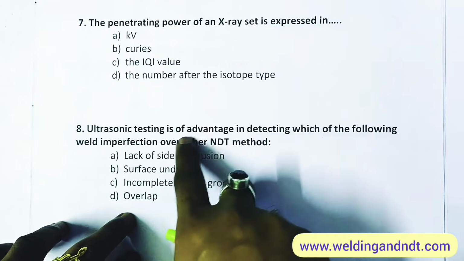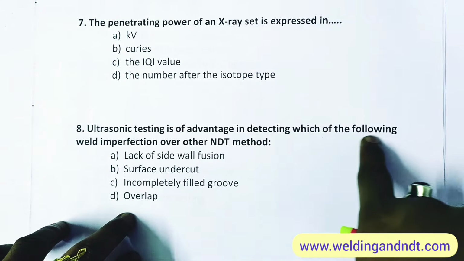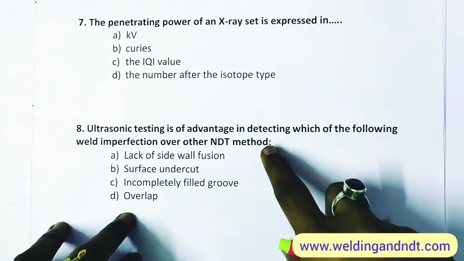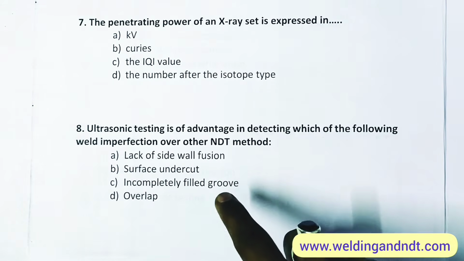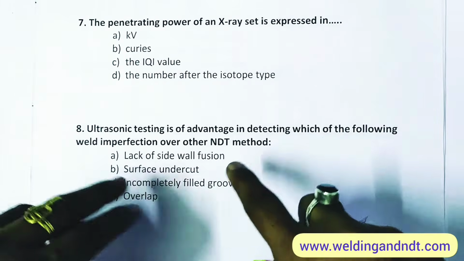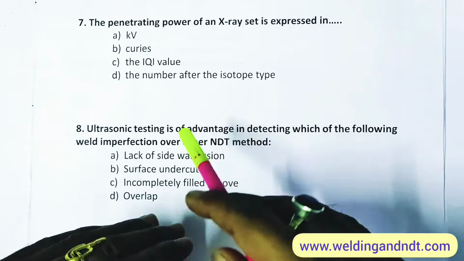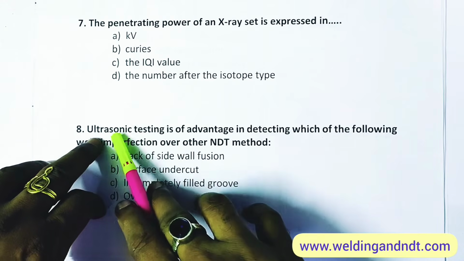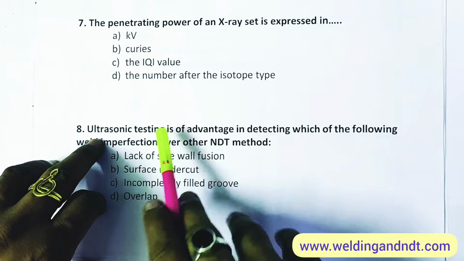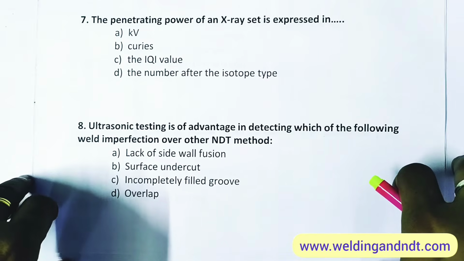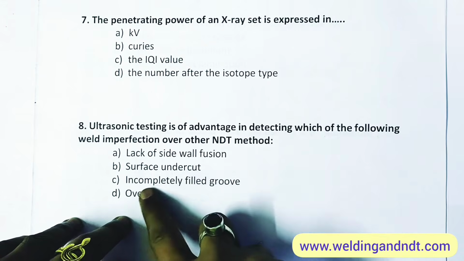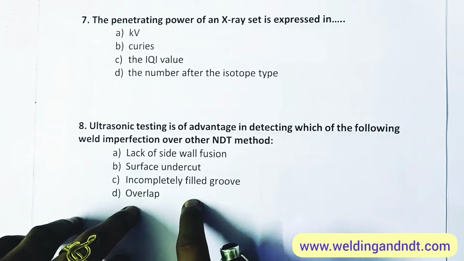Now ultrasonic testing is of advantage in detecting which of the following weld imperfection over other NDT methods. So it is asking particularly about which defect can be detected with the help of ultrasonic testing. So lack of sidewall fusion, surface and undercut, incompletely filled groove and overload.